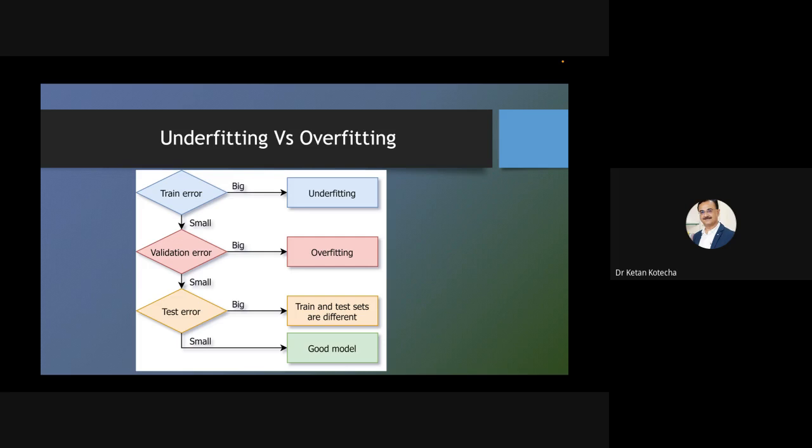Let me give a simple example. Say you have trained on different kinds of very good pictures, but then you test on actual pictures. For example, you have trained on different computer parts, mouse and screen and desktop. But while testing, somebody gives a photograph of a laptop or a different mouse, from Apple for example, or a wireless keyboard, or maybe an Apple keyboard.